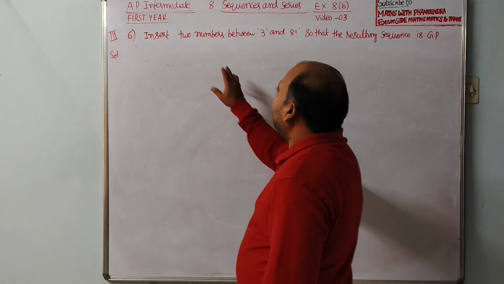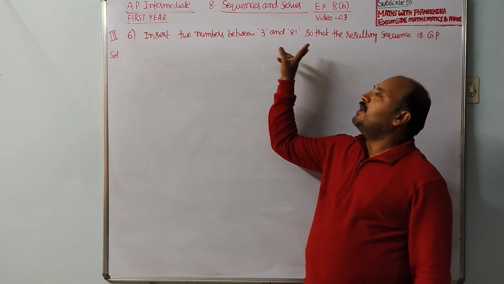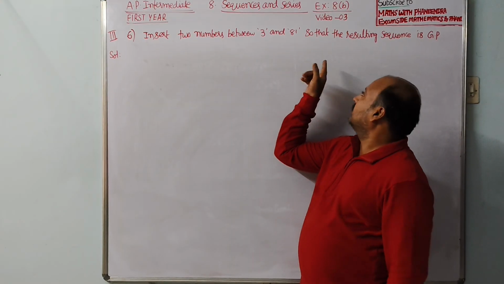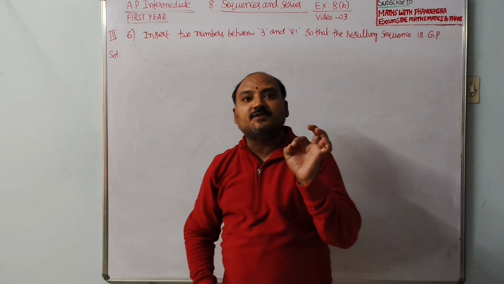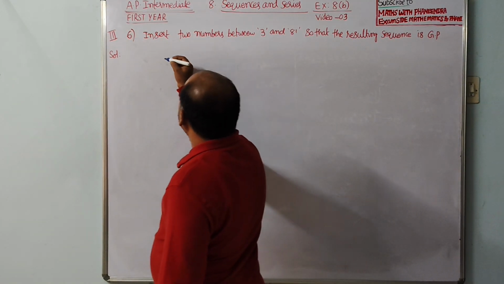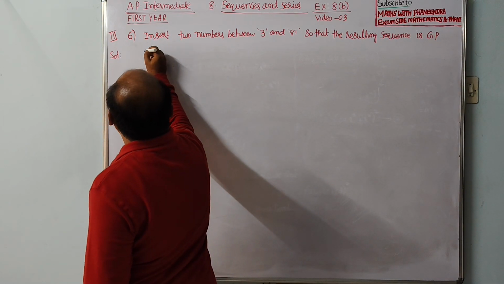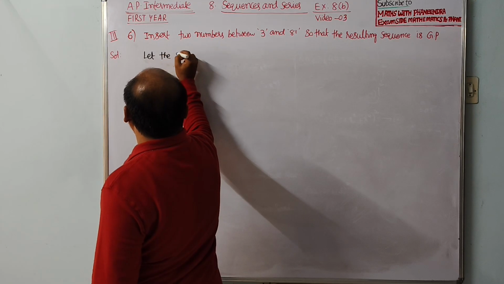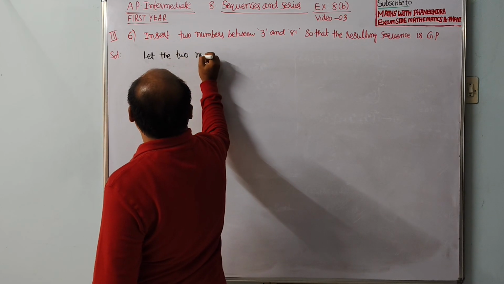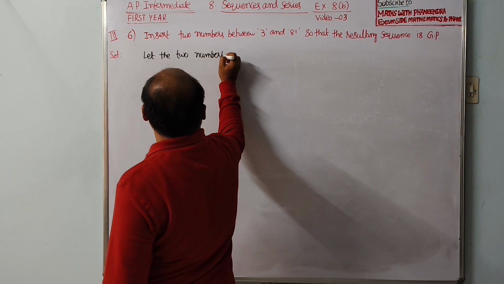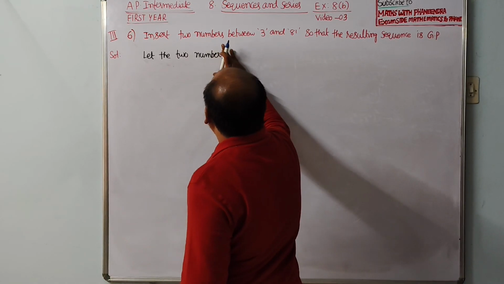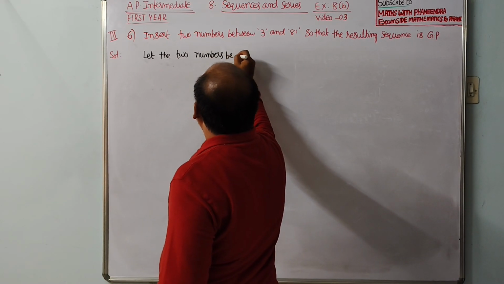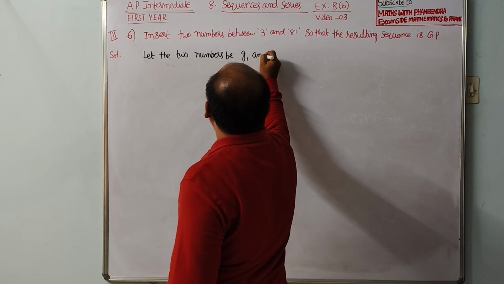Now, insert two numbers between 3 and 81 so that the resulting sequence is GP. See, first, let the two numbers be G1 and G2.